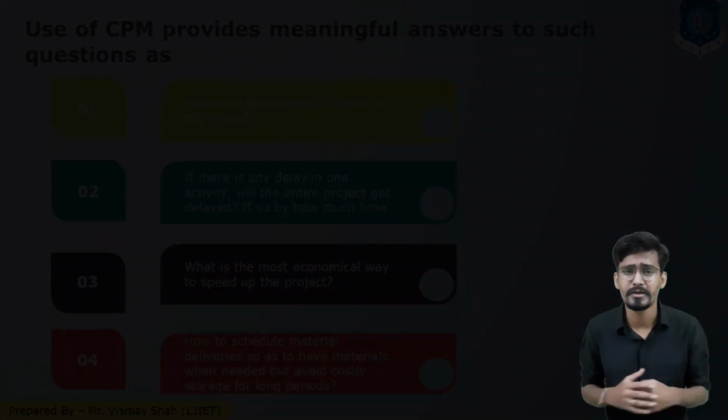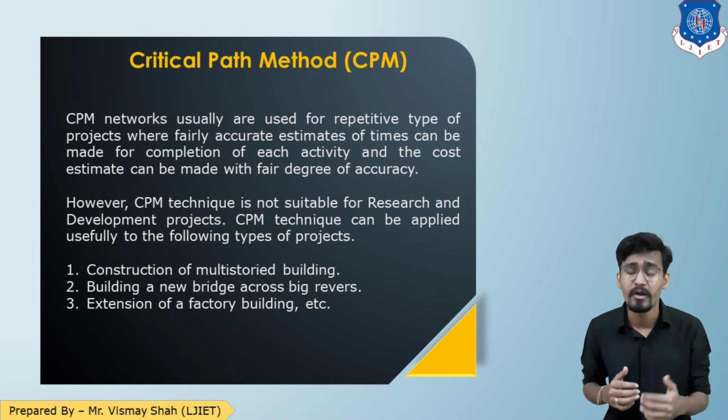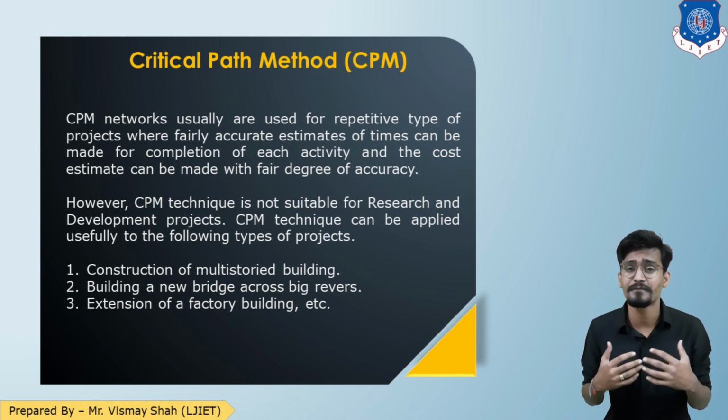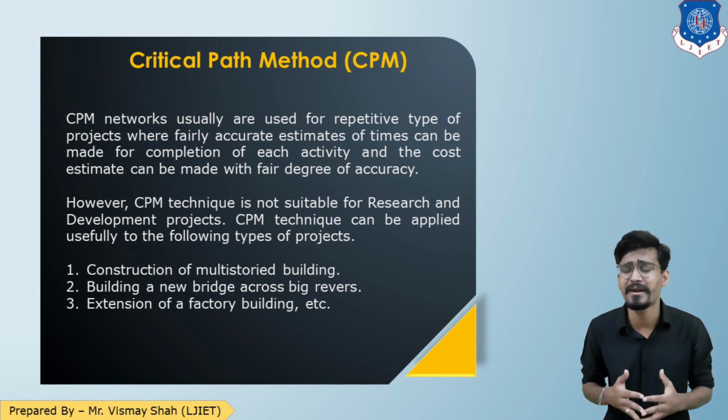So moving forward, CPM networks are generally used for repetitive kinds of projects, where a fairly detailed estimate can be made for the completion of a single activity, and the cost estimate can be made with a fair degree of accuracy.